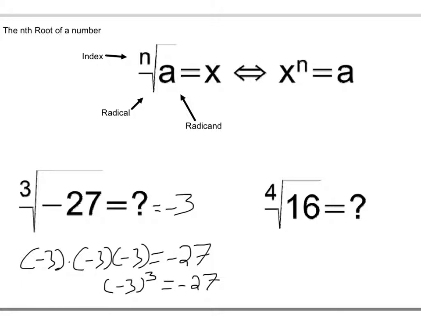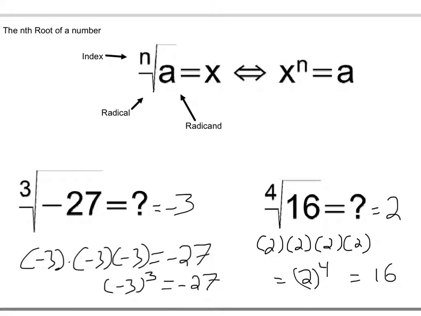By employing the same logic over here, I can figure out the fourth root of 16 by determining what number times itself 4 times equals 16. I might remember it from the previous page or by trial and error, but ultimately I'd get an answer of 2. And that's because 2 times 2 times 2 times 2, which is the same thing as 2 to the fourth, equals 16.